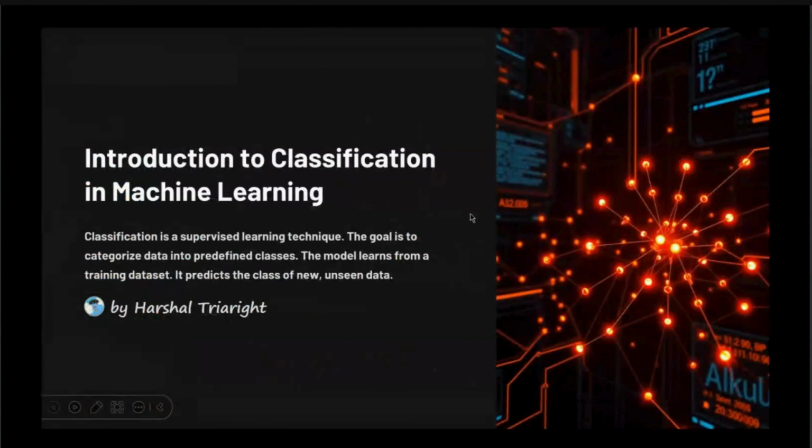What is classification? Classification is a supervised learning technique in machine learning where the goal is to categorize data into predefined classes or labels based on input features.